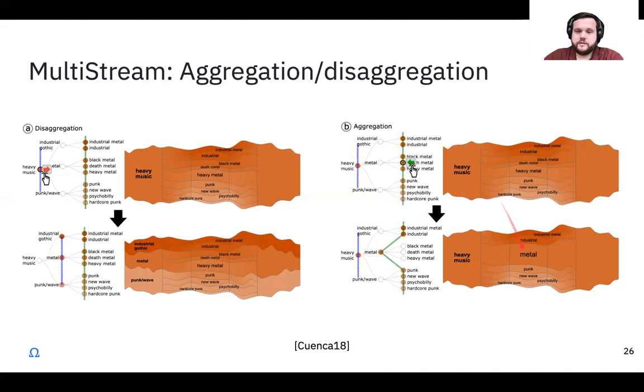So metal will get aggregated back, but only metal. From here you're jumping to all three, but here, because we were in the metal subtree, we're jumping only back for metal. So here we see this kind of jagged line. It will not jump again. So clicking back on black metal will not aggregate the punk styles, because that will require explicit interaction.